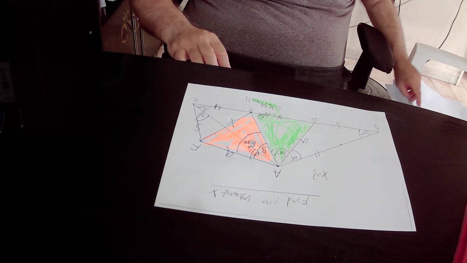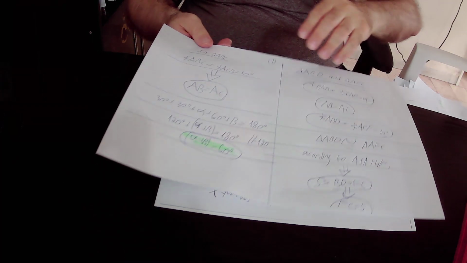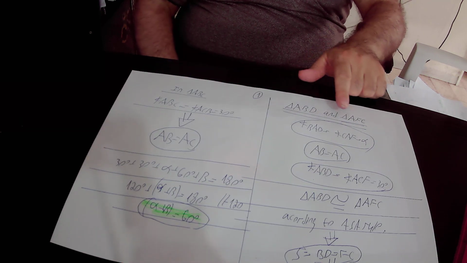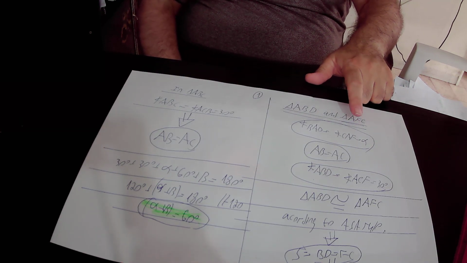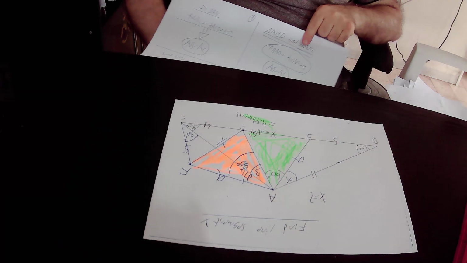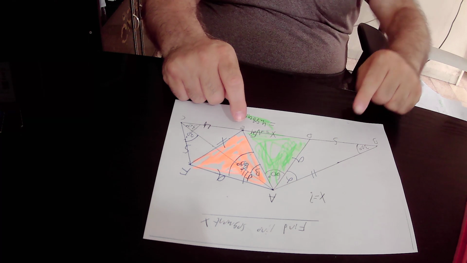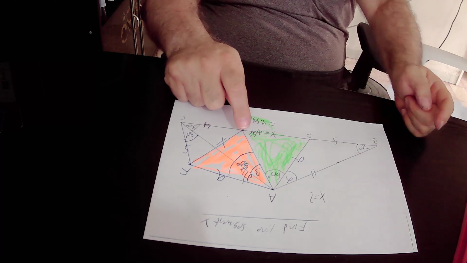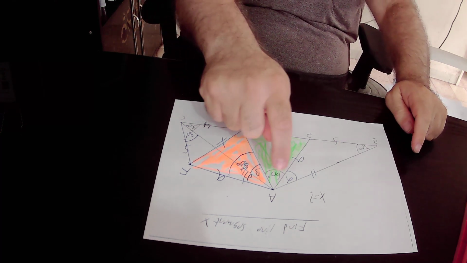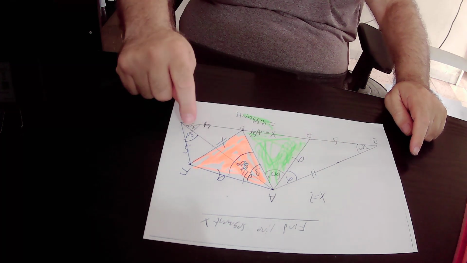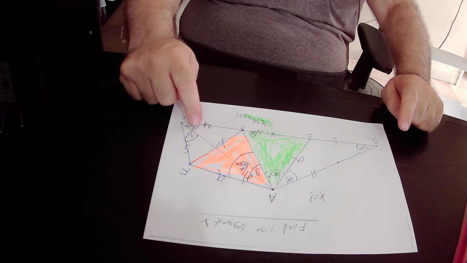Here, angle BAD equals angle CAF equals alpha. In addition, those two sides are equal to each other, that is to say side AB equals side AC according to what we have already proved.